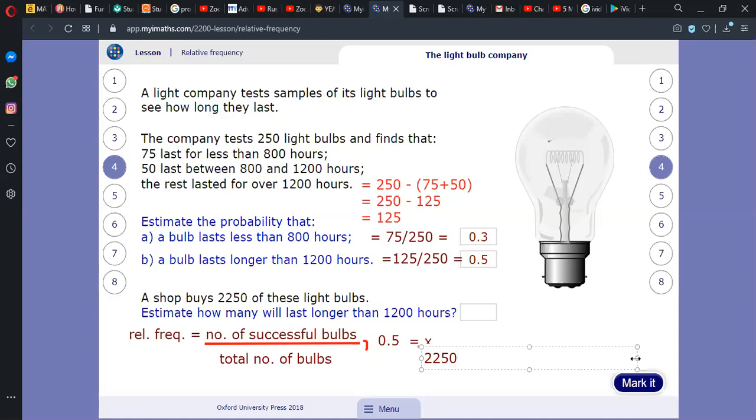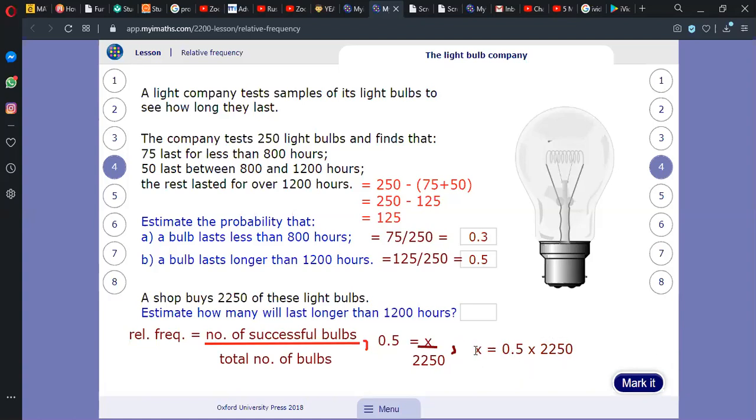So to calculate x, which is representing the number of successful bulbs, when I cross multiply, I'm going to have the value of x eventually equal to the product of 0.5 times 2250.